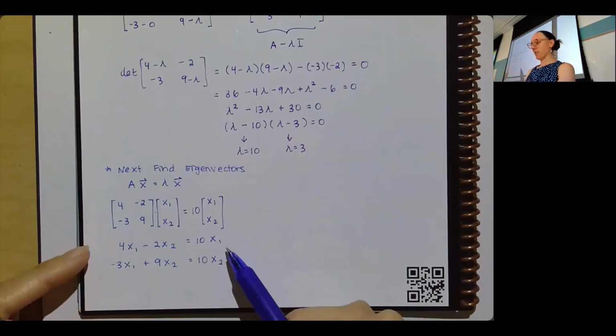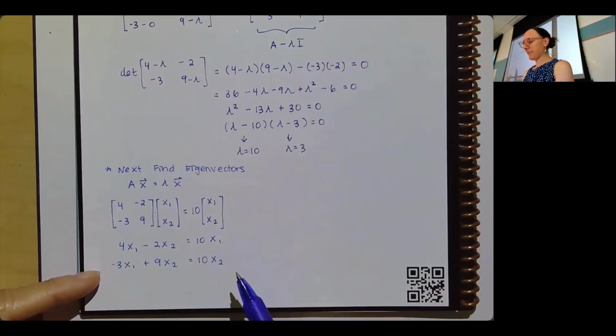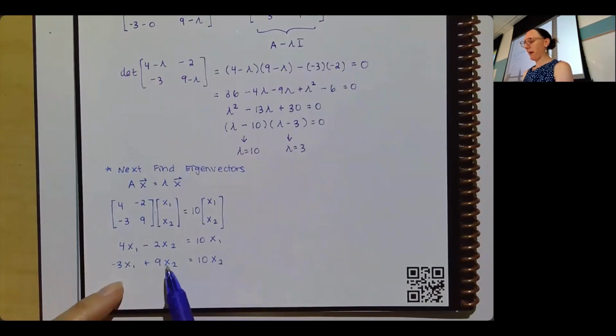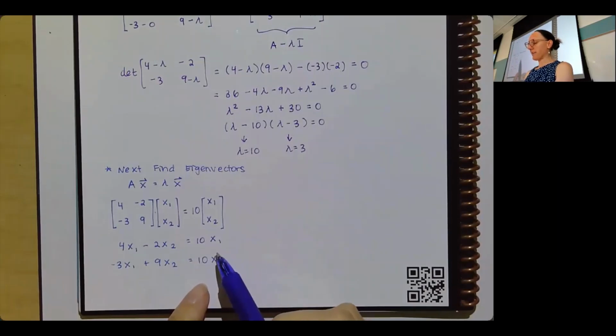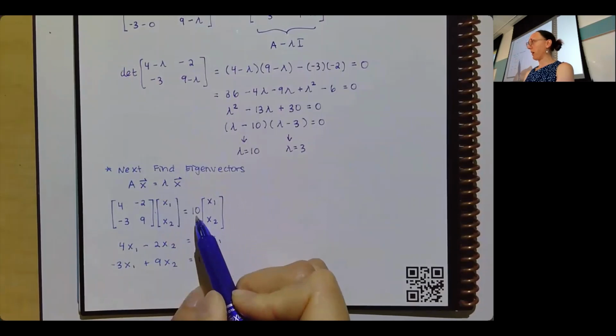These 2 equations, I claim, are the same if we just manipulate them a little bit. So if I take that second equation and I put all my x2s on the right-hand side, because that's my eigenvalue that I plugged in for lambda.